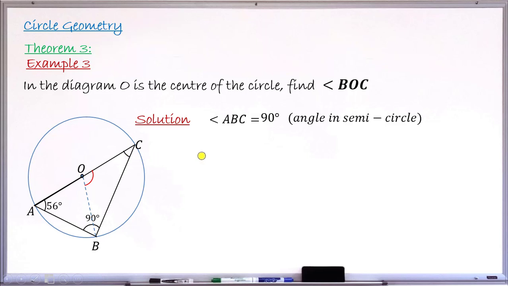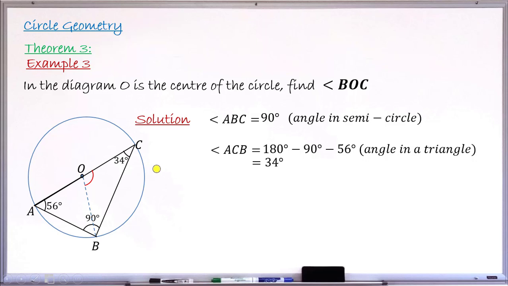Let me go on and find it. So angle ACB, this third angle, will be 180 minus 90 minus 56. The reason is the angle sum in a triangle. Subtracting the two angles 90 and 56 from 180 correctly gives you 34 degrees. So this angle is now 34 degrees.